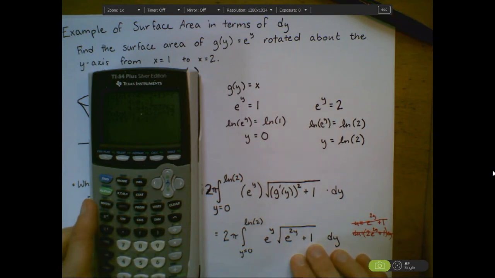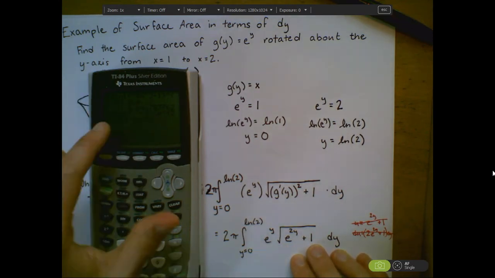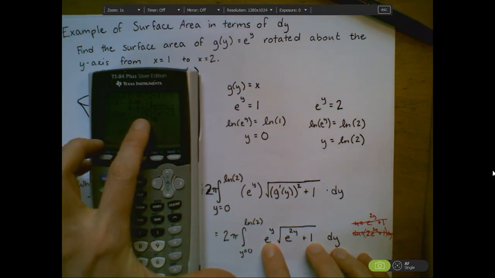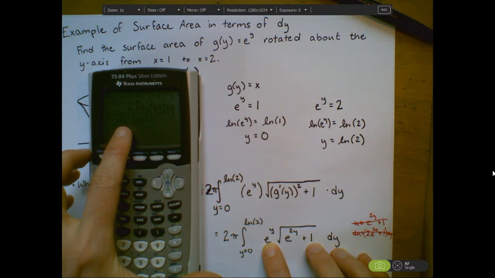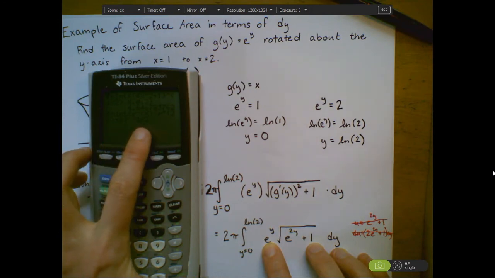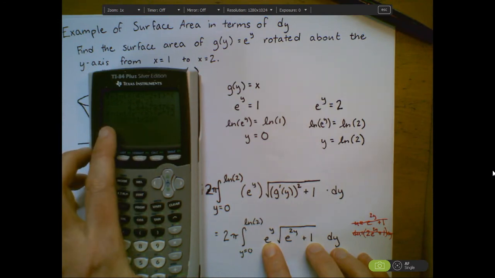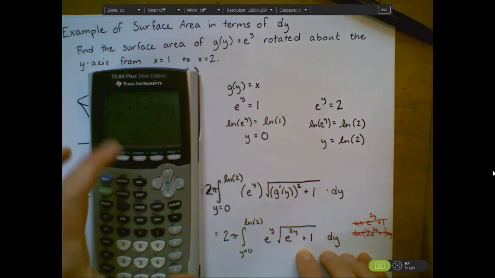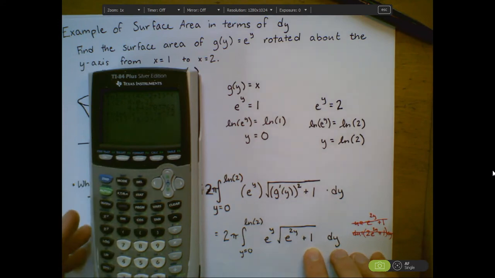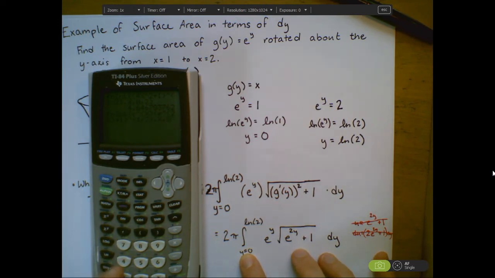Let's make sure that my parentheses are correct. I have the e to the y term, and then I have that term. Okay, plus 1. Great! Because it's easy to miss a parenthesis and then the function won't work out correctly. In the best case, they just say it doesn't work. In the worst case, they give you an incorrect answer.